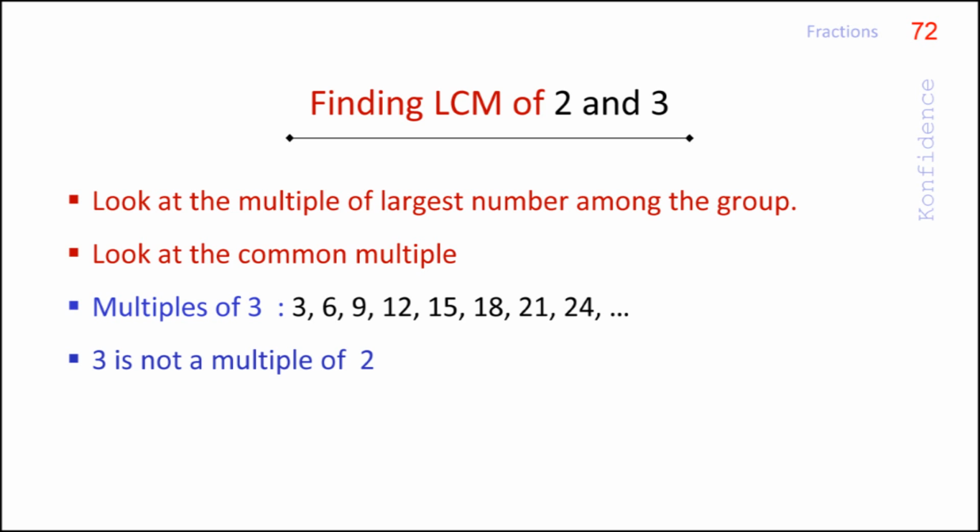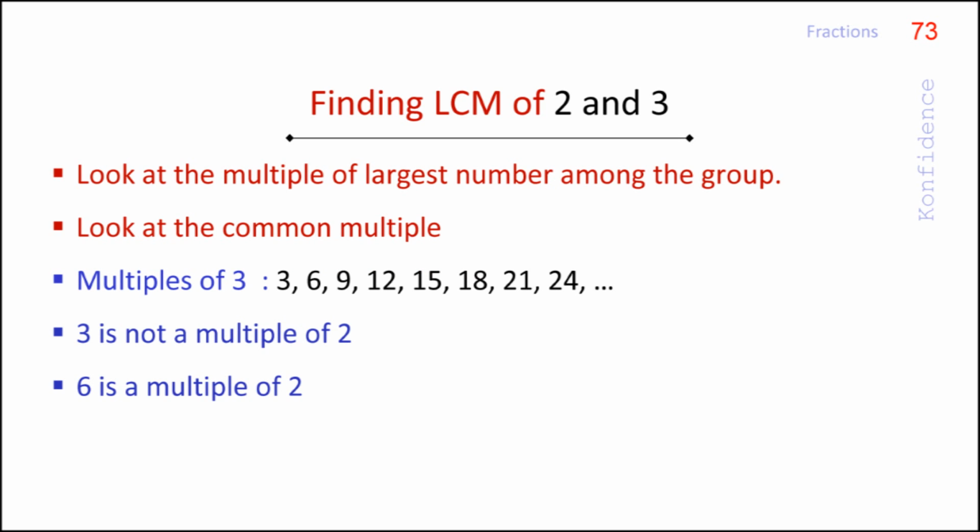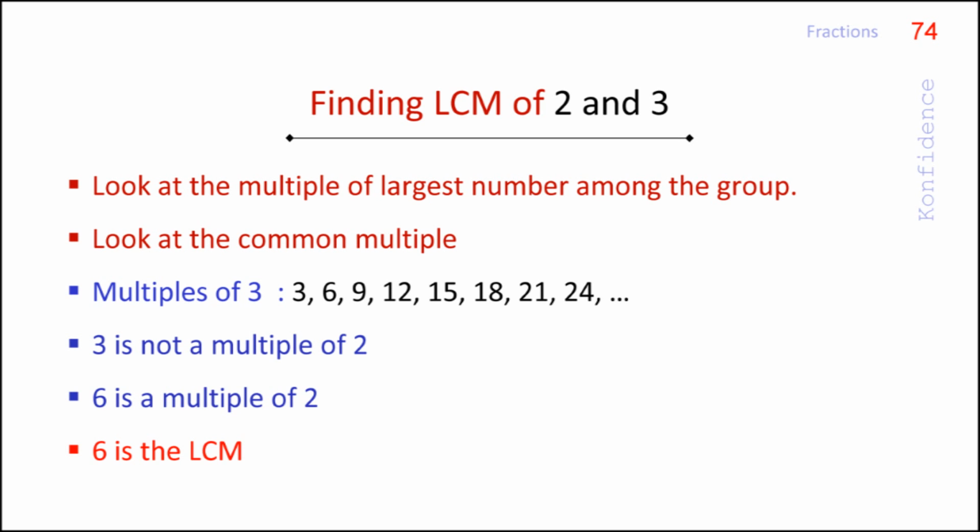That is, 3 is not a multiple of 2. So we look at the next multiple of 3, which is 6. We find that 2 will go in 6, or 6 is a multiple of 2. Thus we can find that 6 is the lowest or the least common multiple, LCM, of 2 and 3.